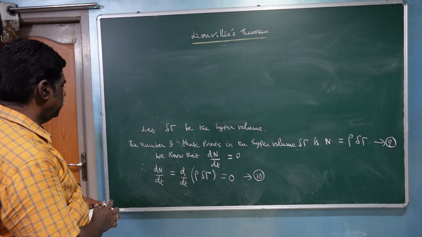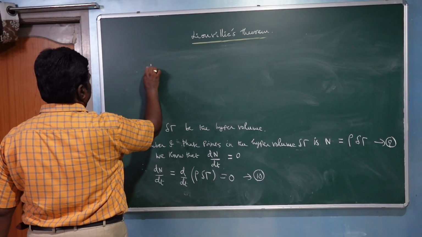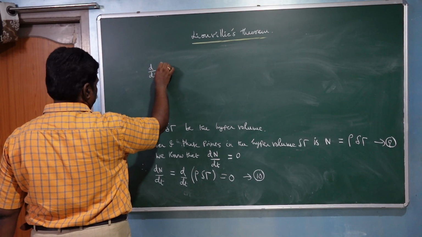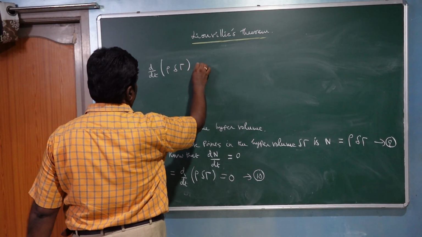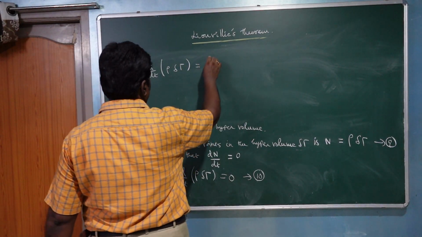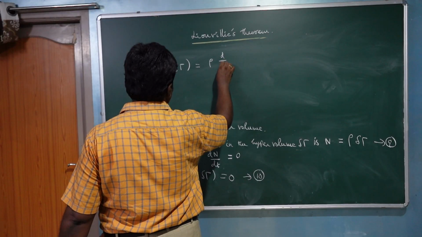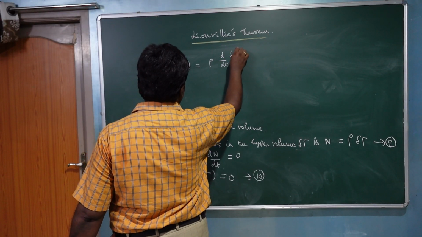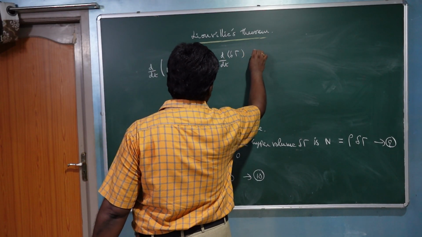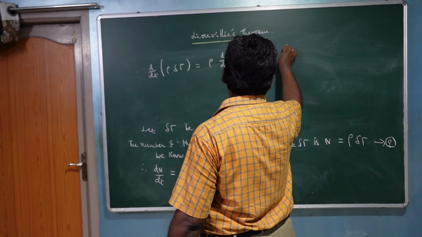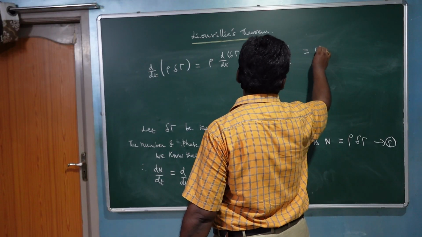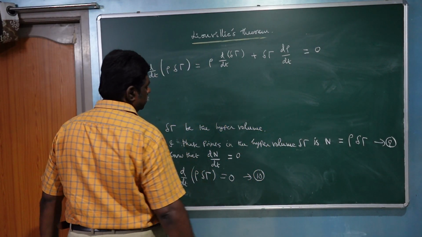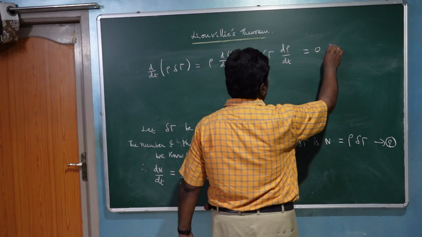Now expand equation 10. d by dt of rho into delta gamma is equal to rho into d by dt of delta gamma plus delta gamma into d rho by dt equal to 0. This is equation number 11.